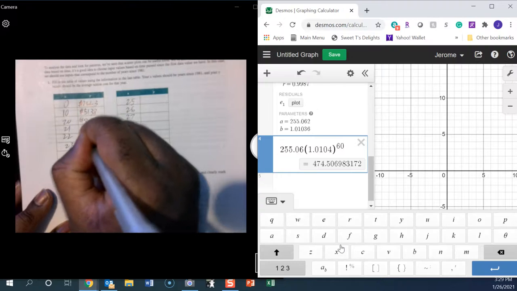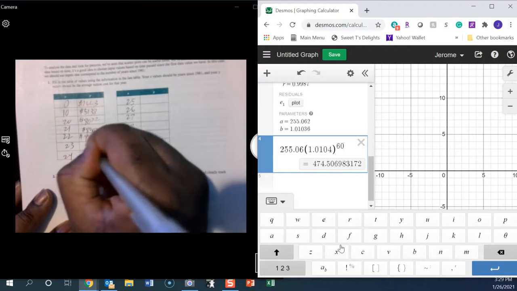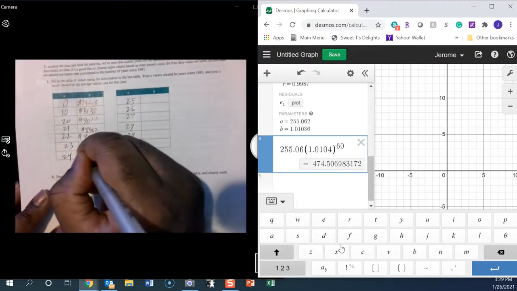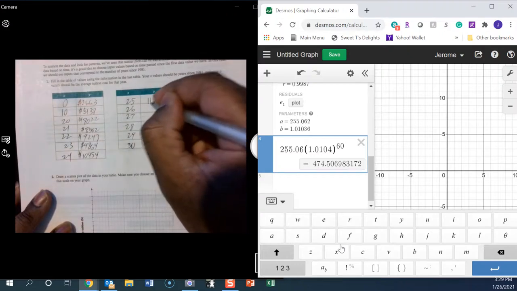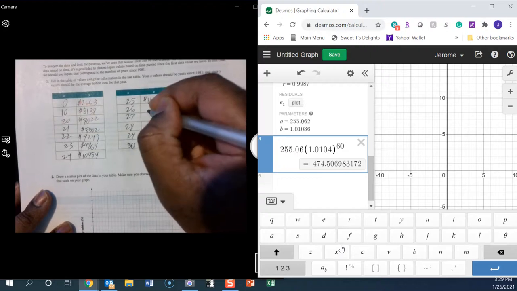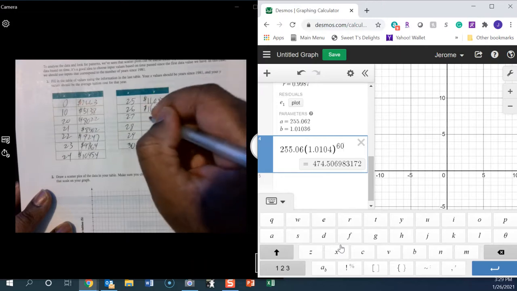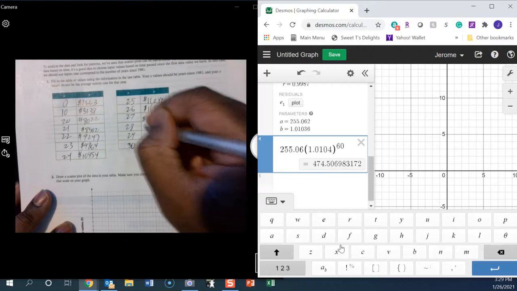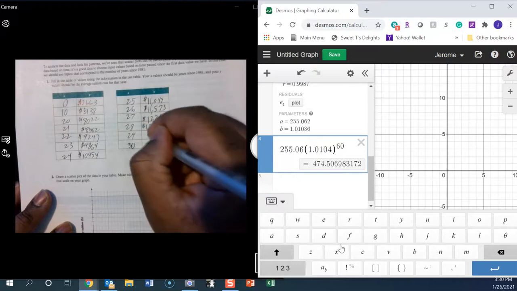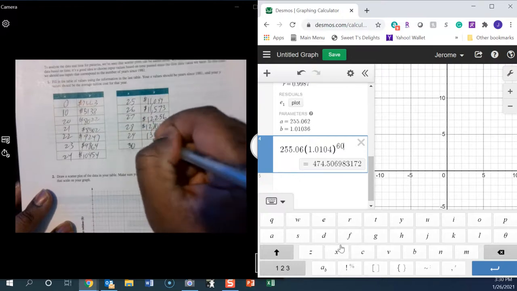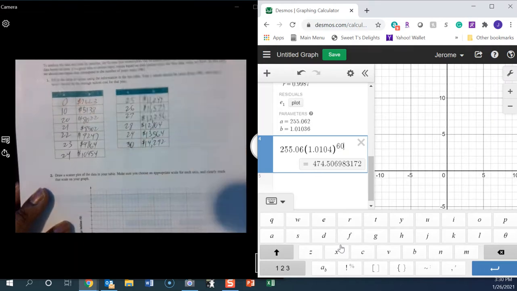Let's see, 22, it's 92.47. $256. All right, almost done here. So 14,000. All right. So these are all the figures.